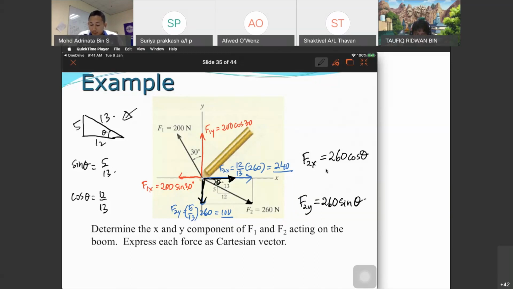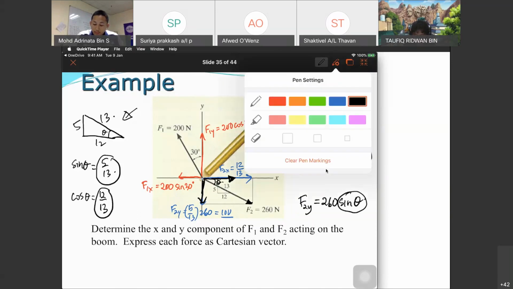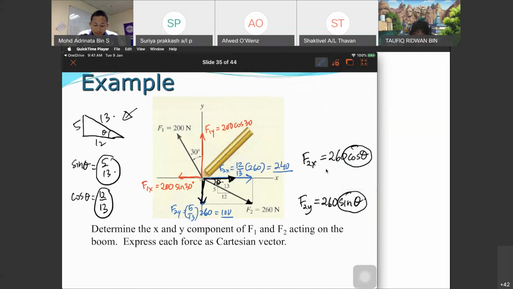So this cos theta and sine theta, you can get this from here. From that one, sine theta is 5 over 13. Cos theta is 12 over 13. Just remove that one, then you can get this one.